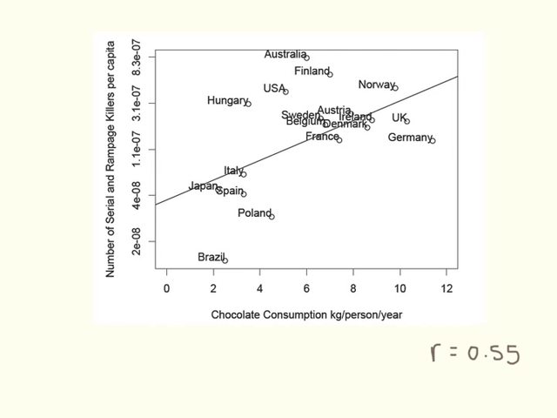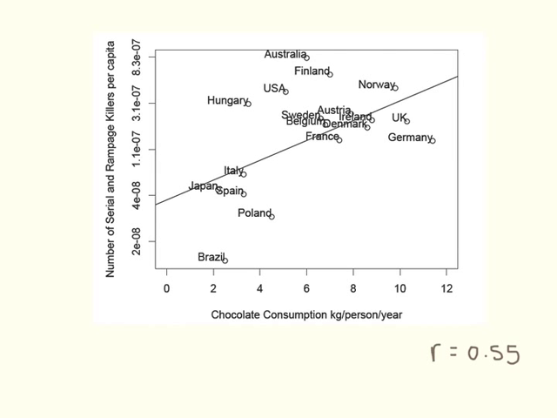They also looked at chocolate consumption per year and showed that it's correlated with the number of traffic fatalities. So they're arguing that perhaps the Nobel Prize winners are thinking about big ideas and not paying attention to traffic as they're crossing the street, thus resulting in more traffic fatalities.